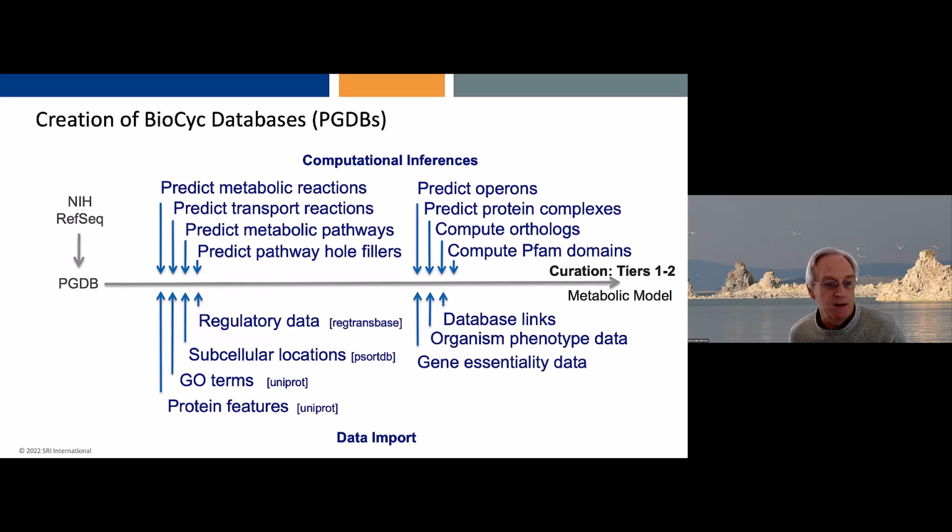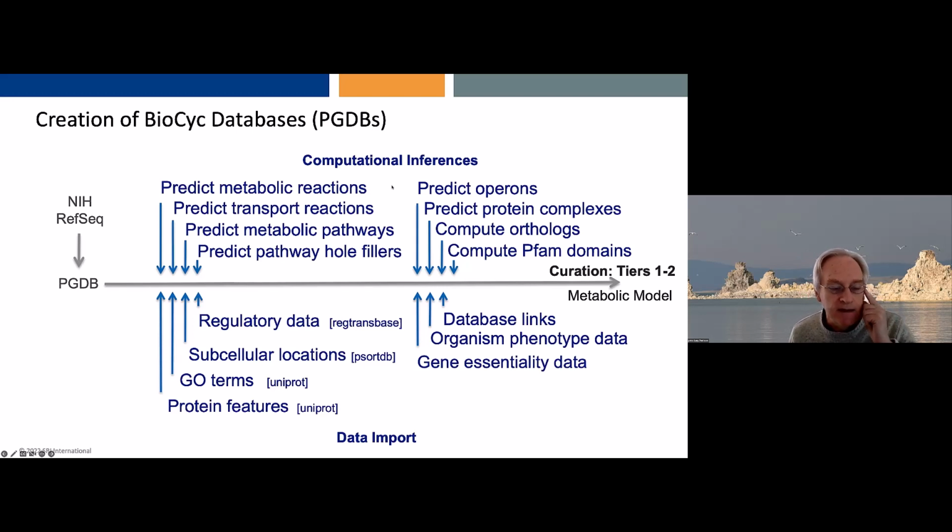We combine the computational inferences with a number of data import operations. And then for only a selected number of databases, we perform manual curation to further improve the quality of the data.